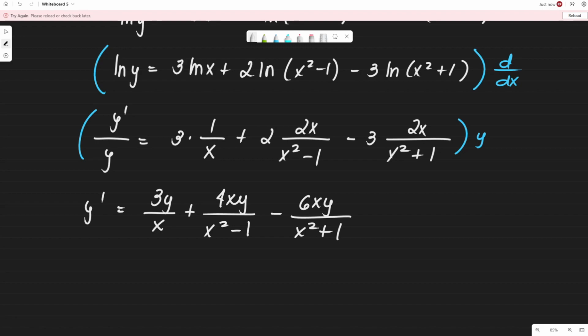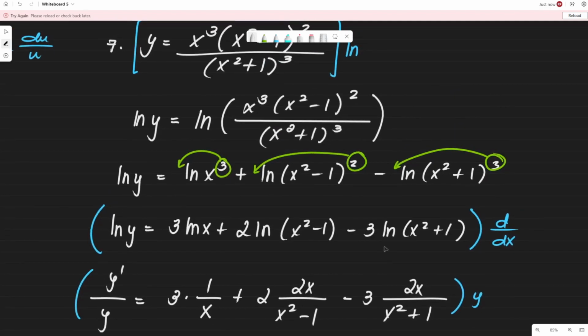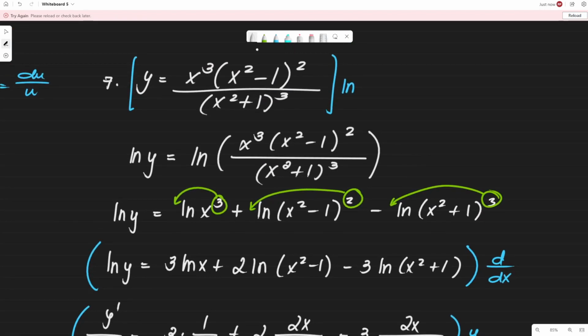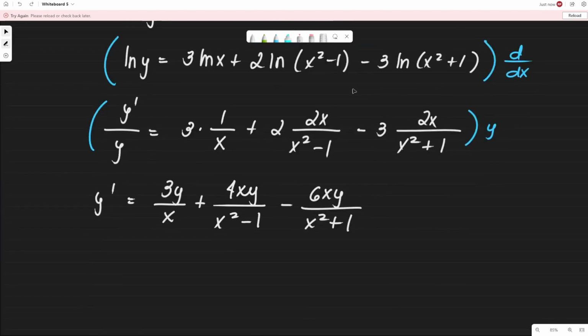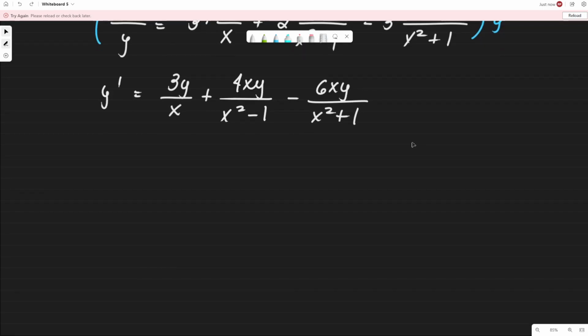However, kapag walang sinabing implicitly, automatic ang default kasi natin is explicit. Supposedly, so you need to substitute the value of y. Ganun siya. So, by substituting the value of y, wala namang sinabi na implicit, so automatic explicit.